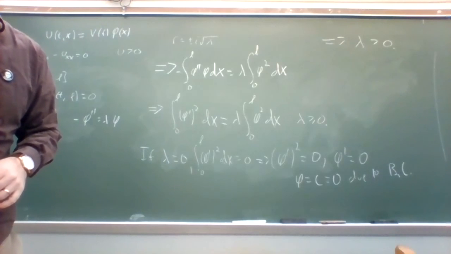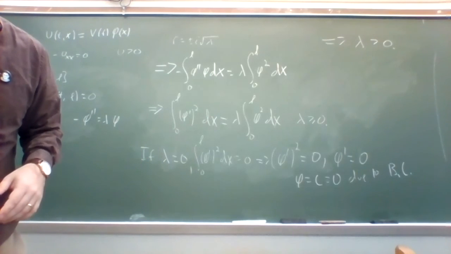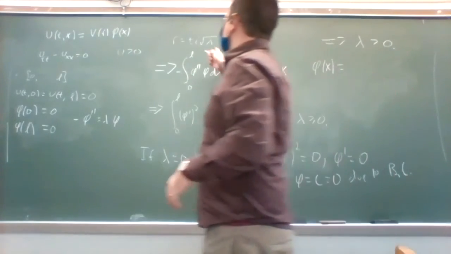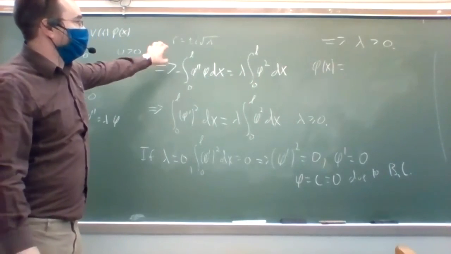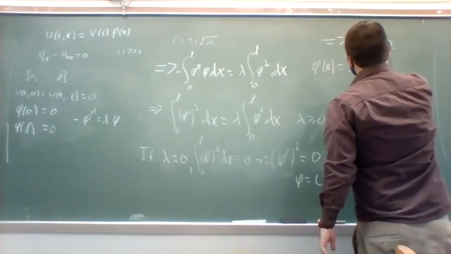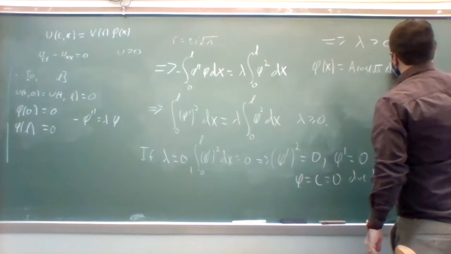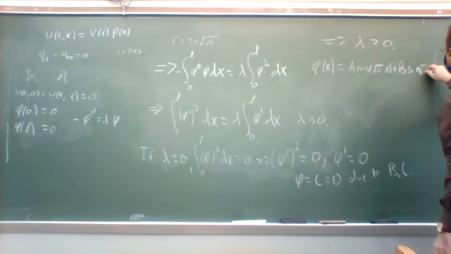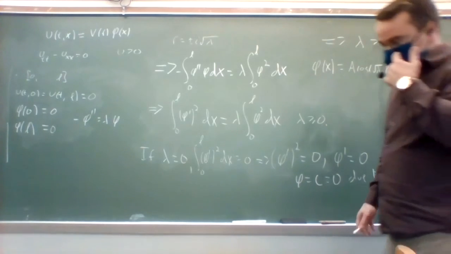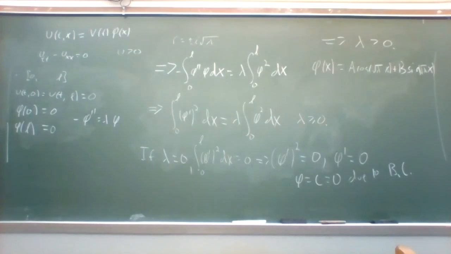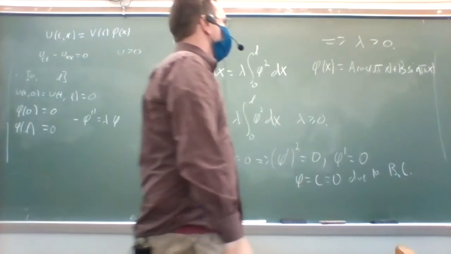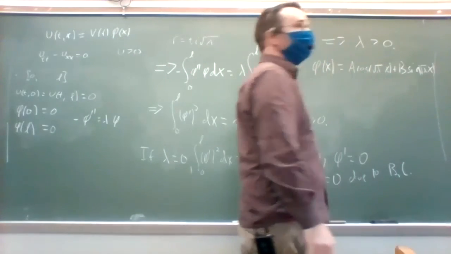And so this is now telling us from ODE theory that phi of x, well, you can write it as a linear combination of these complex exponentials, but if you want to convert that to a real valued solution, that's going to be some constant times cosine of root lambda times x plus some constant times sine of root lambda times x. e to the i theta is cosine plus i times sine, and messing around with the linear combinations, if you want real solutions, then you take A and B to be real.